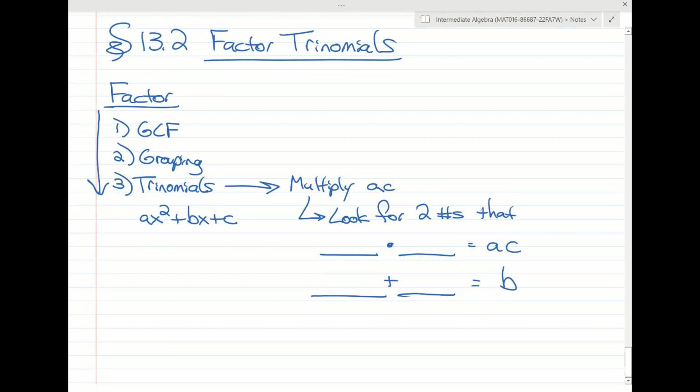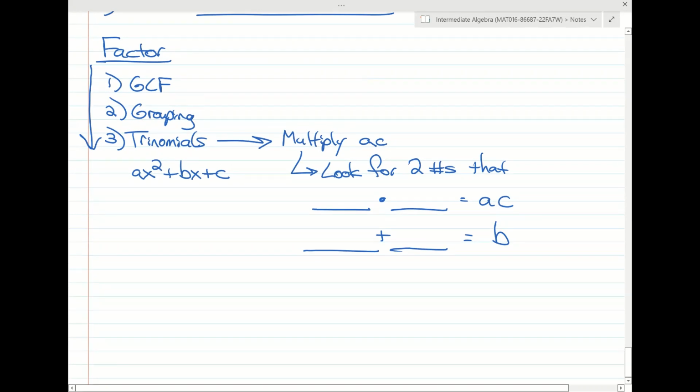Let me show you what I mean by taking a look at some examples. The directions will just be to factor.